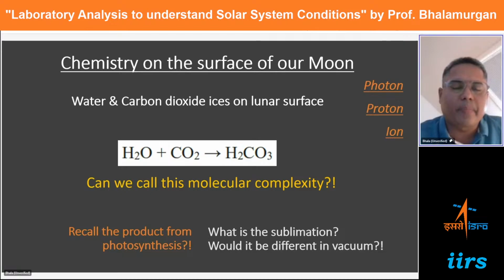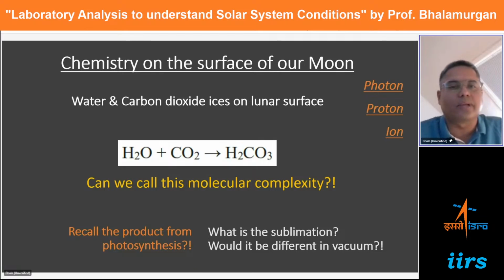This has some relation to what you have seen on planet Earth. For example, you know the chemical that is present in the soda that you have seen, carbonic acid. It's a product of water and CO2. So we know plenty of water is there on the surface of our moon and in the other solar system objects.